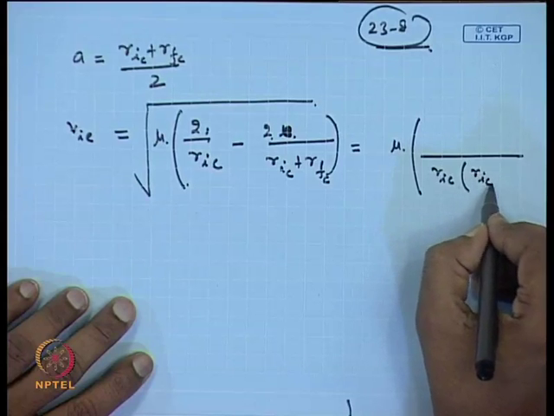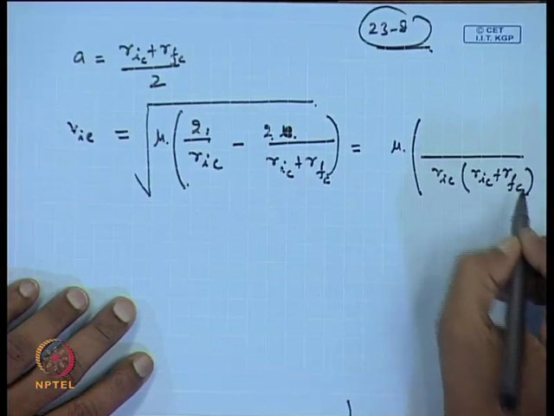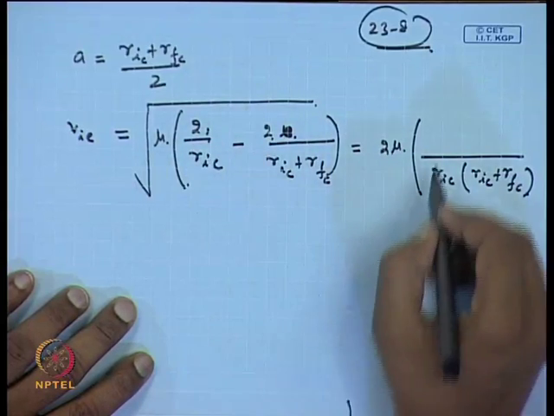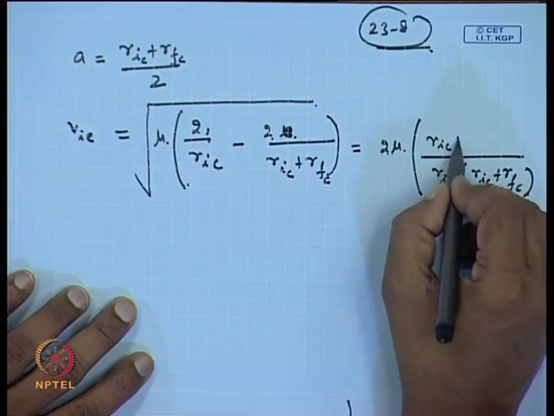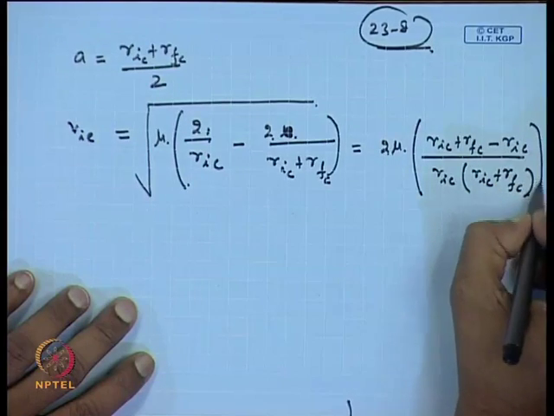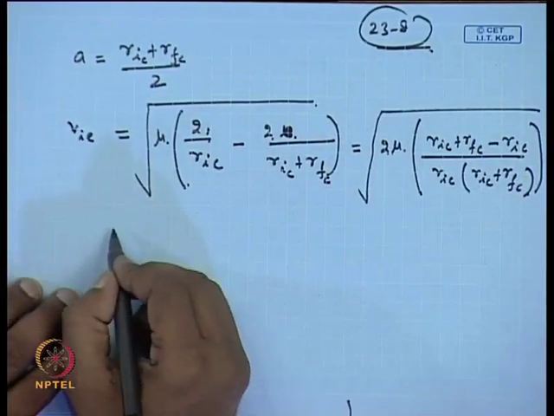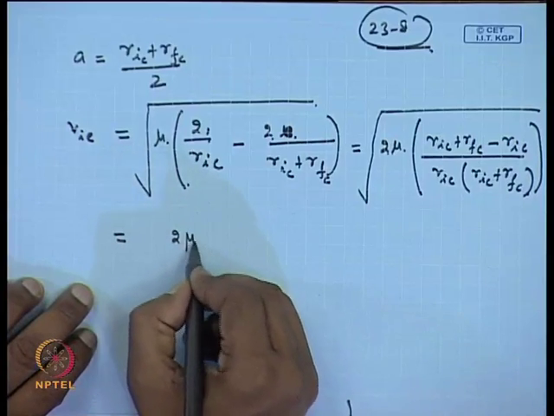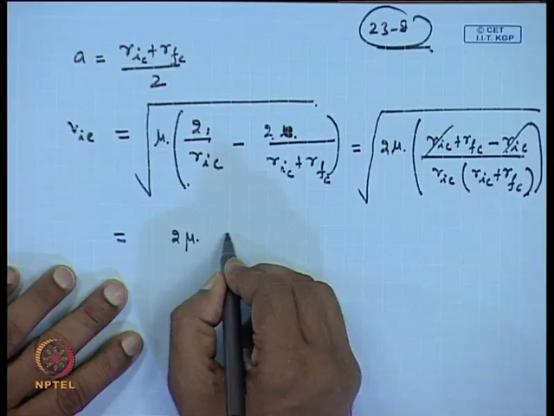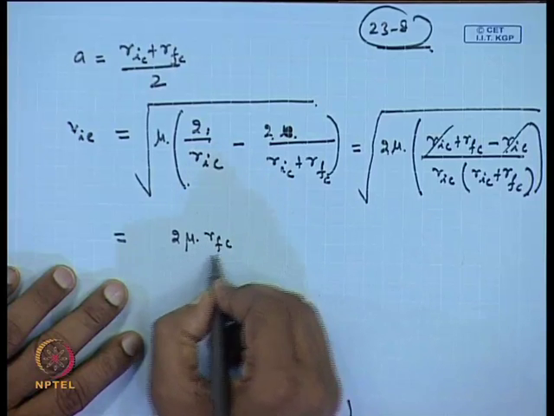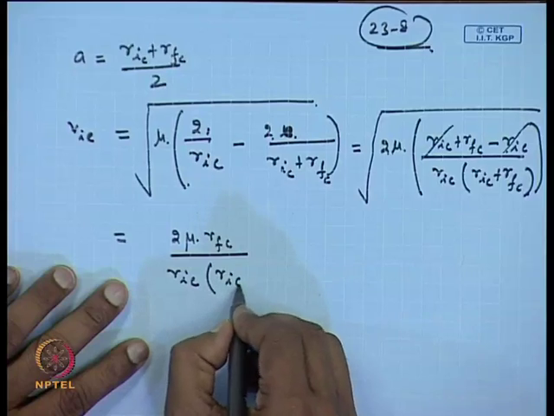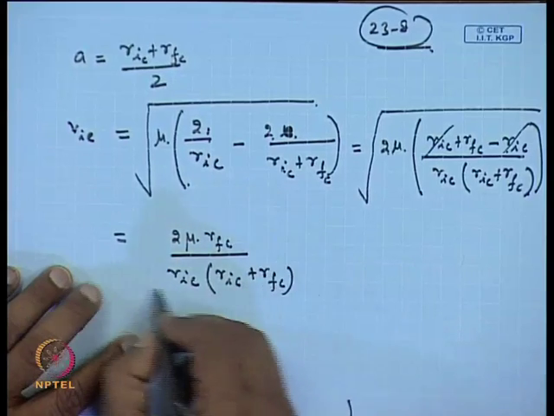So, this is r_IC plus r_FC, and 2 we can take outside the whole thing. So, this becomes 2 times (r_IC plus r_FC minus r_IC), this whole under root. So, this is 2 mu times r_IC cancels out, and we get r_FC divided by r_IC times (r_IC plus r_FC).